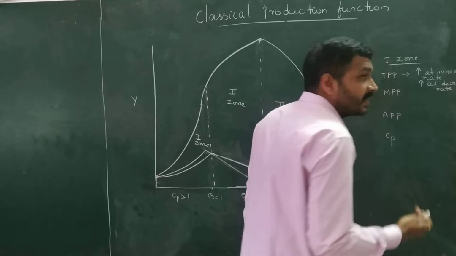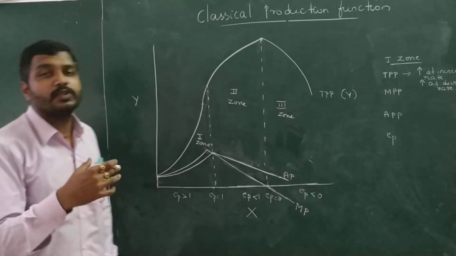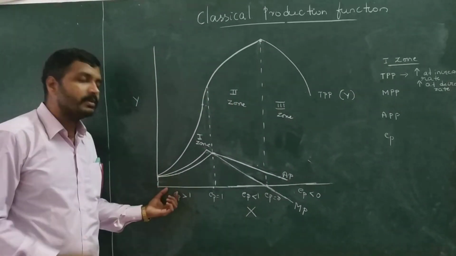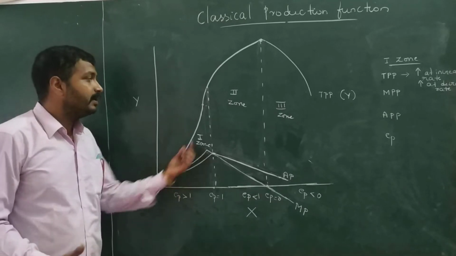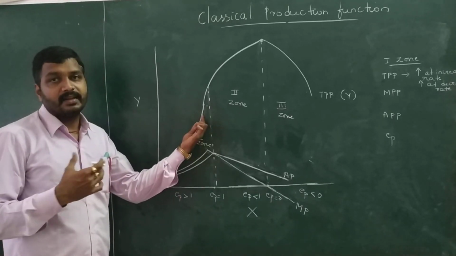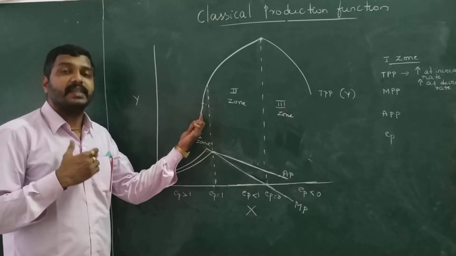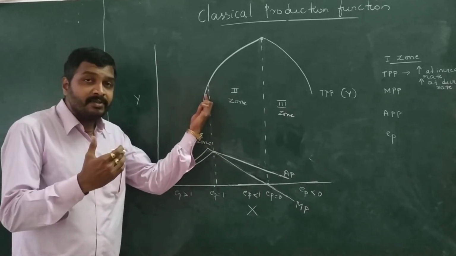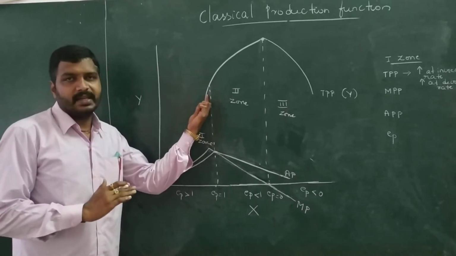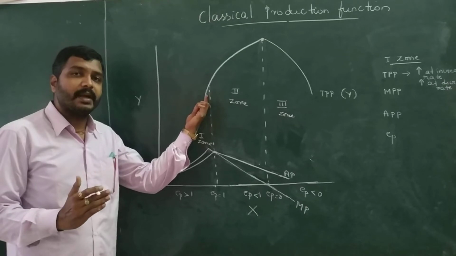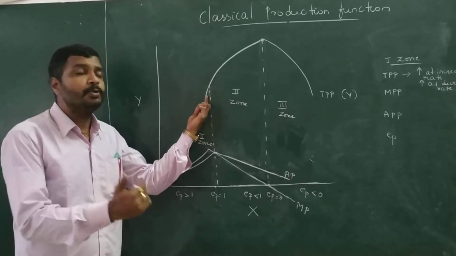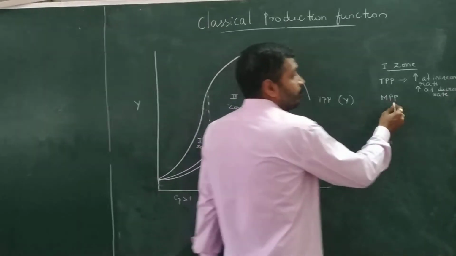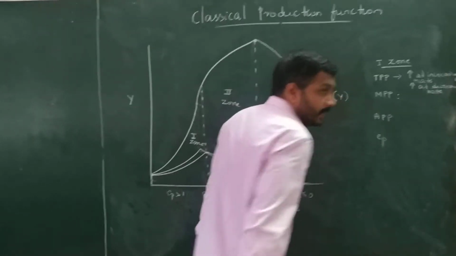So what we can say is, if the farmer applies input, then the product he is getting is increasing. At the end, it is increasing but at a decreasing rate. It is a good sign on the part of the farmer that he should continue production. Then what is the characteristics of MPP?